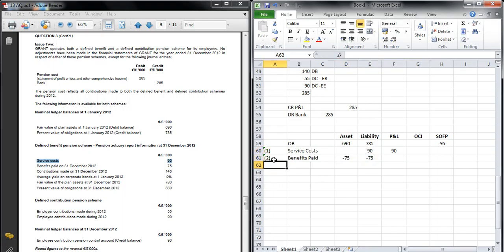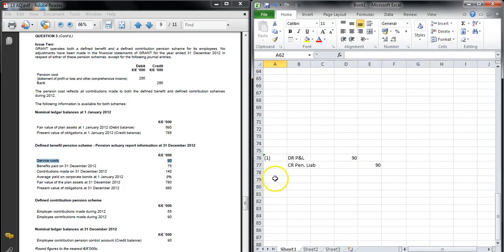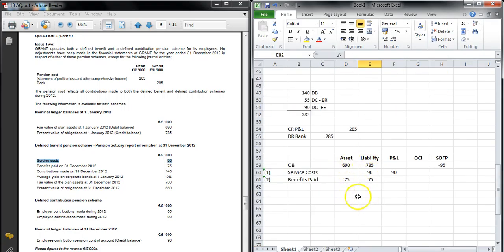The nice thing about pensions, once you do practice them, is that the approach to the question is very similar time after time. So the debits and credits here will be debit pension liability, credit pension asset, both 75. Okay, so that's fairly straightforward again, and you're gradually building them up as you go down along.